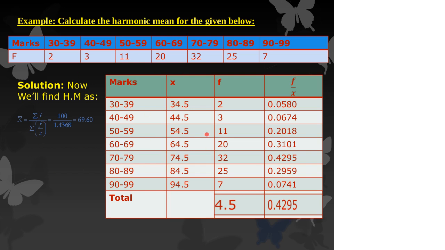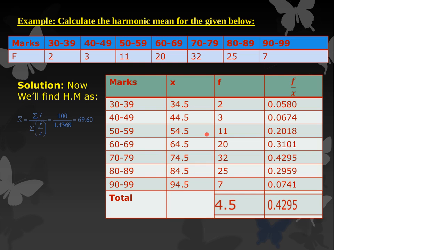So we had rearranged. Because these are positional averages, you have to rearrange to make the classes continuous. We subtract 0.5 from the lower limit and add 0.5 to the upper limit. So when we have 30, you subtract 0.5; the upper limit 39 you add 0.5; 40 you subtract 0.5, 49 you add.